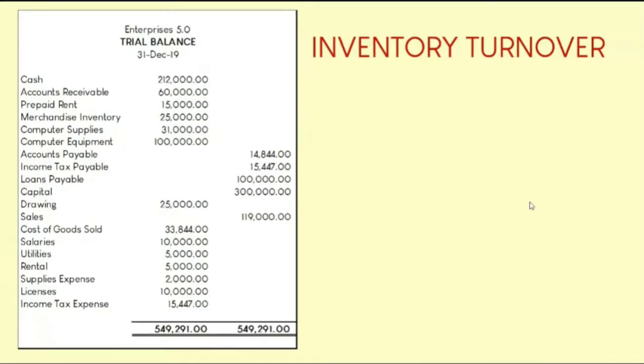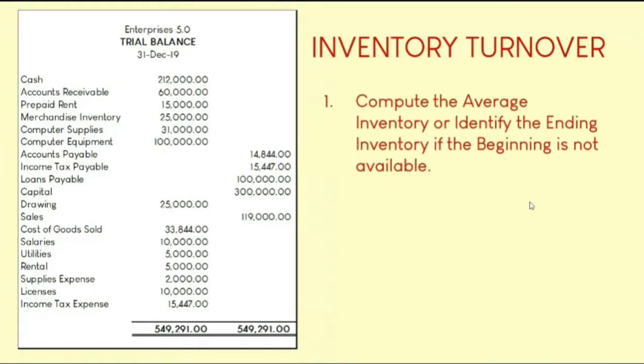So for example, in the trial balance for Enterprises 5.0, step 1, we compute for the average inventory. We would use the value of the merchandise inventory, the 25,000. That's the only one we need. So 25,000 only, and that is the ending inventory.